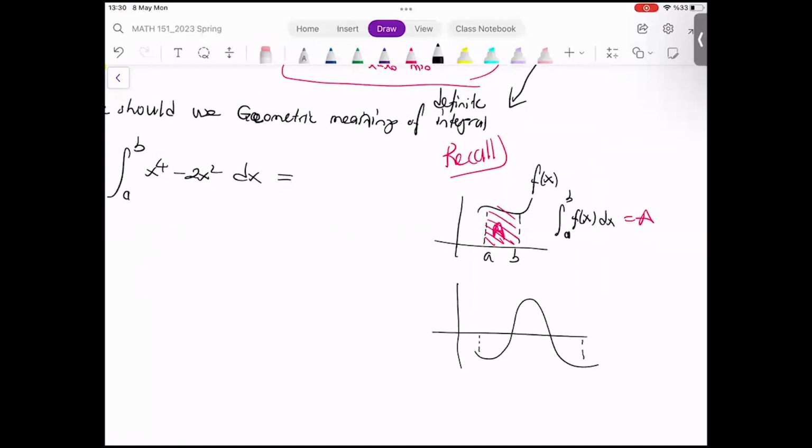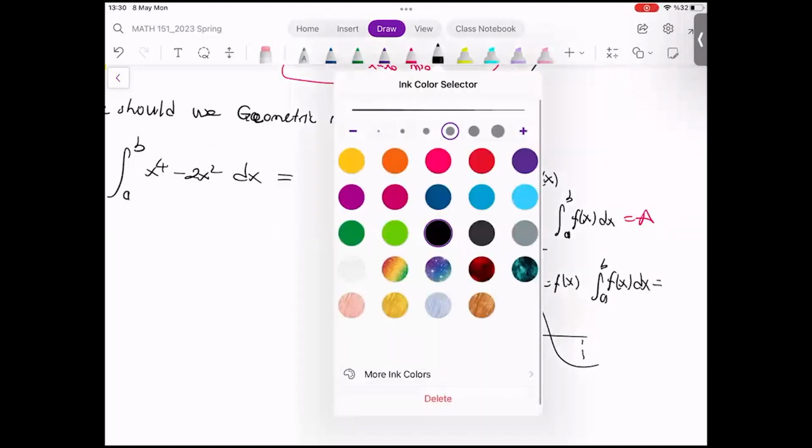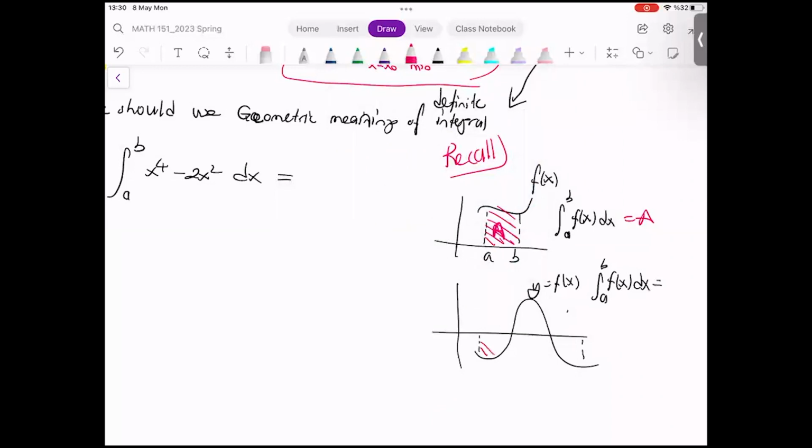What if your function behaves like this? What if it also has negative parts? Then its definite integral from a to b, how is this definite integral related to these areas lying between your curve and the x-axis? Let's name these parts A1, A2, A3.